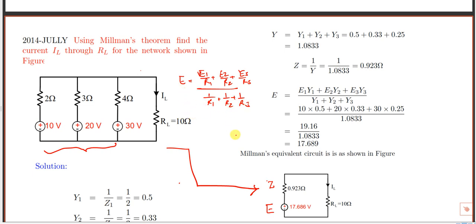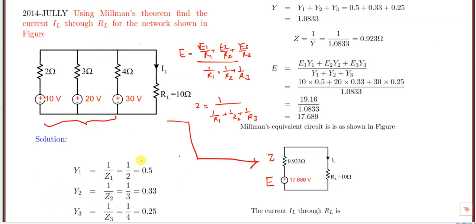This is the value of the effective voltage E, and Z is given by 1 over 1 by R1 plus 1 by R2 plus 1 by R3. So this is the value of Z, and that is the value of E if it is a DC network.